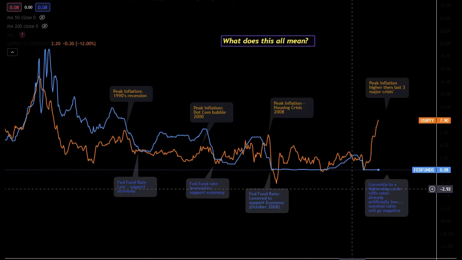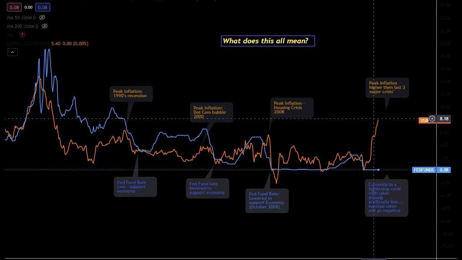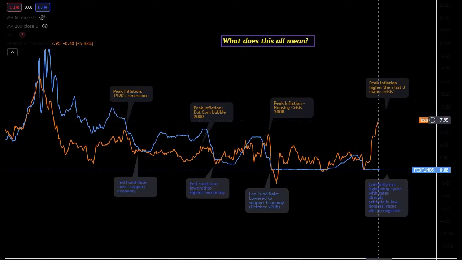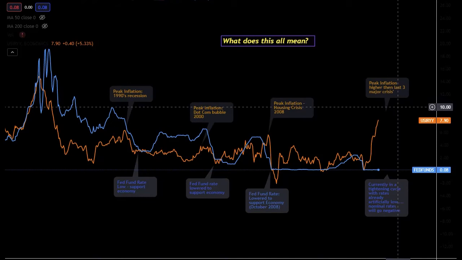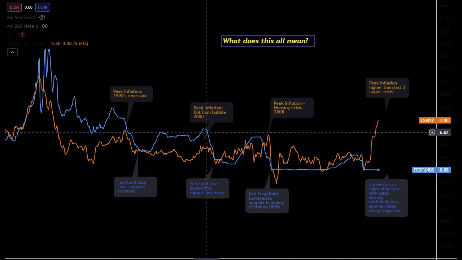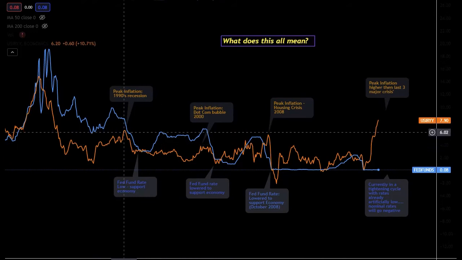So just keeping in mind, what I also want to direct your attention to is this peak inflation here, roughly at 8%. Not only are we peaking, and it could yet again still keep going higher, it's higher than the 2008 crisis, it's higher than the dot-com bubble, and it's higher than the 1990s.